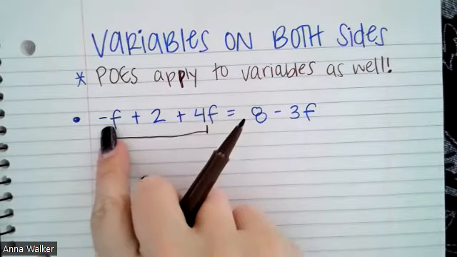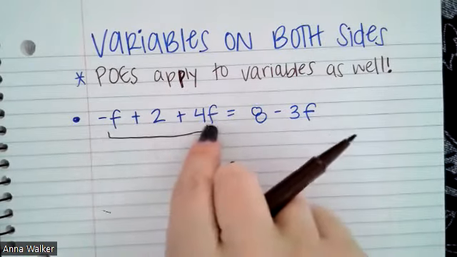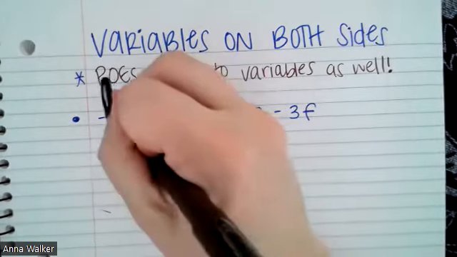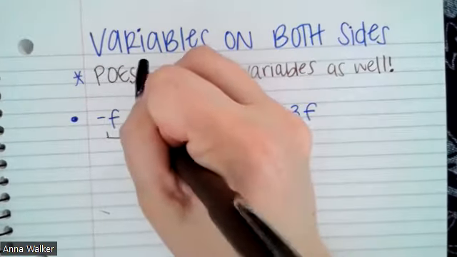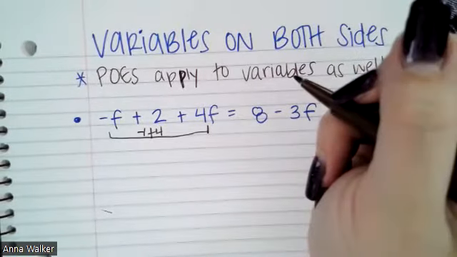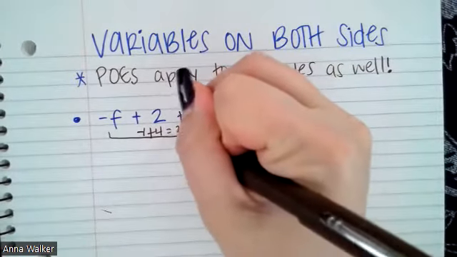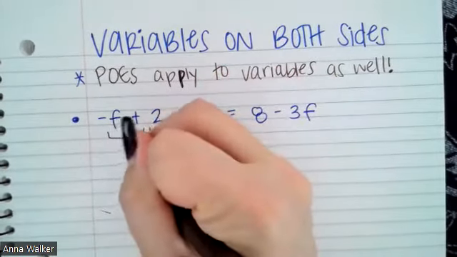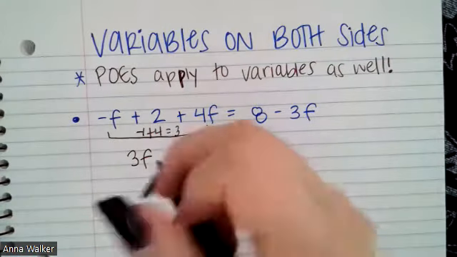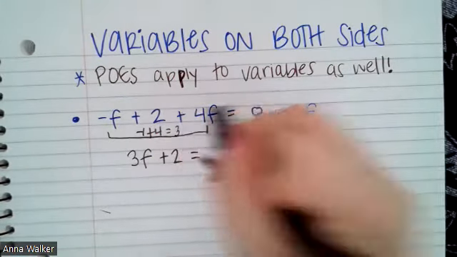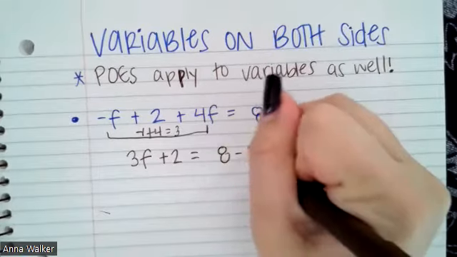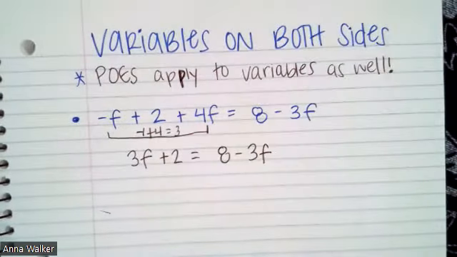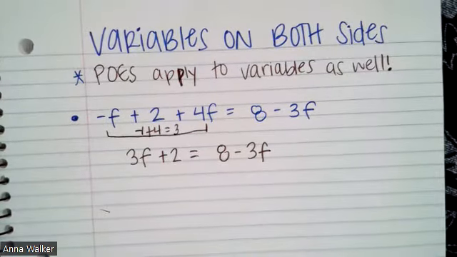So this is the same thing as negative 1f plus 4f. So negative 1 plus 4 is equivalent to 3. So what we're left with is 3f plus 2 is equivalent to 8 minus 3f. This is now our equation where we have combined our like terms.